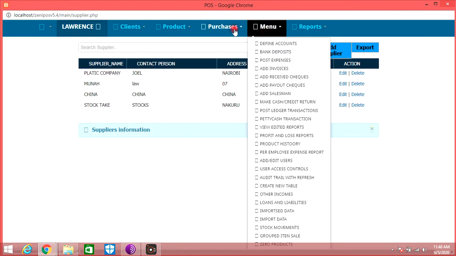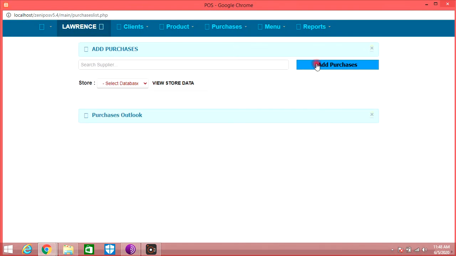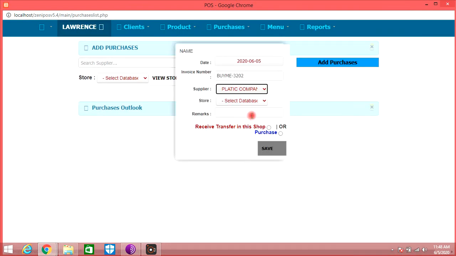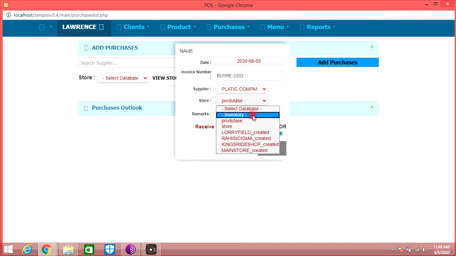So we can decide we purchase these bottles from the plastic company into our product inventory.